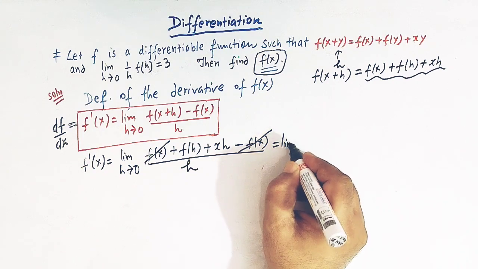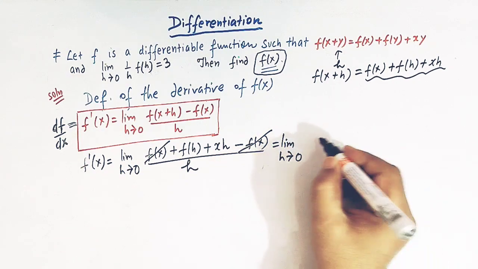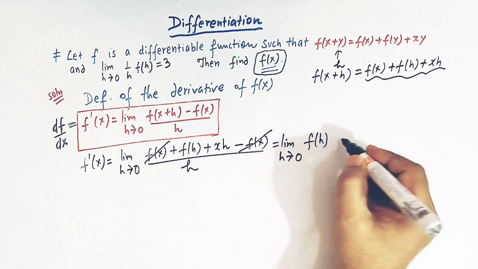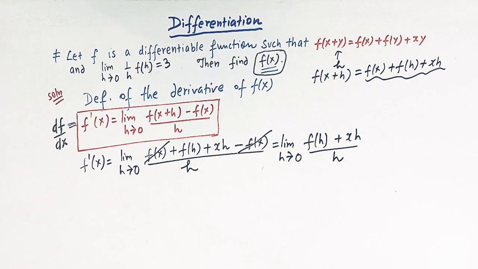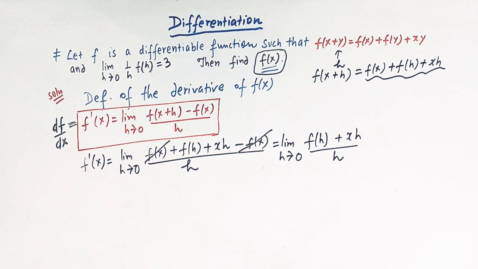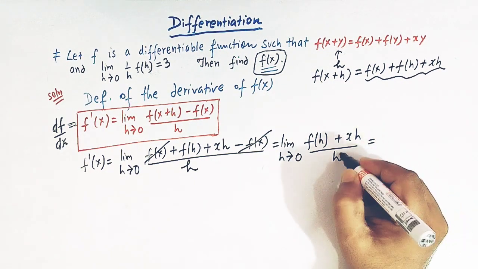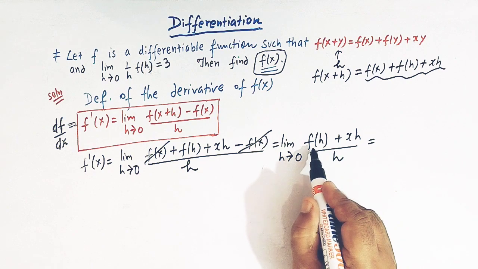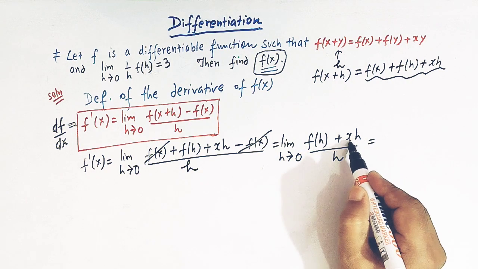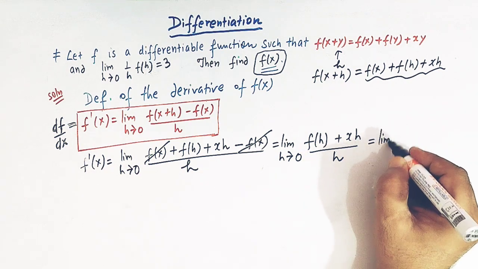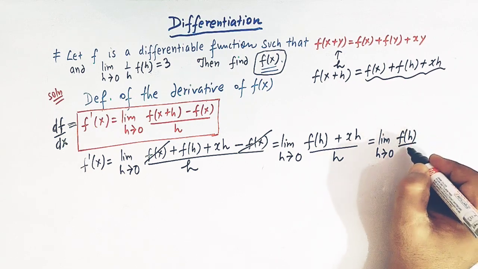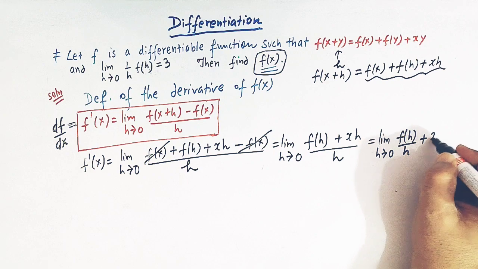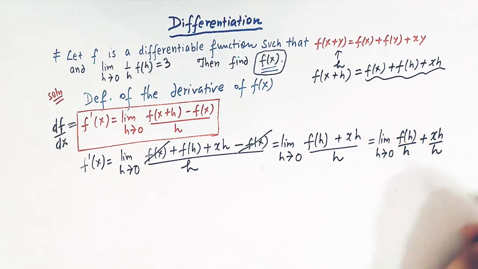We are left with the limit as h tends to 0 of f of h plus xh divided by h. Now let us distribute the h in the denominator over f of h and xh. So we can write the limit as h tends to 0 of f of h divided by h plus xh divided by h.